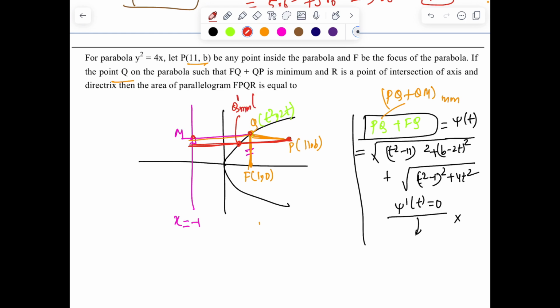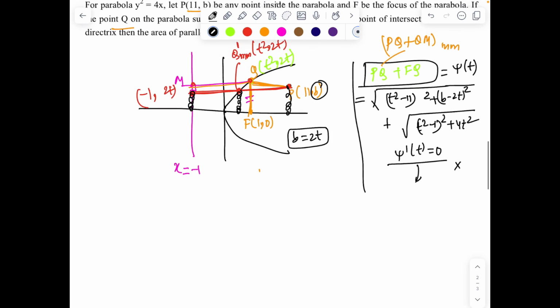So this is the new position Q dash for its minimum configuration, (t square, 2t). Similarly M will have the same height, coordinates (minus 1, 2t). So that solves the problem. It shows that under this minimum condition, b must be 2t, because the height of point P is the same as the height of point Q, which is the same as the height of point M. So this was a beautiful geometrical approach.